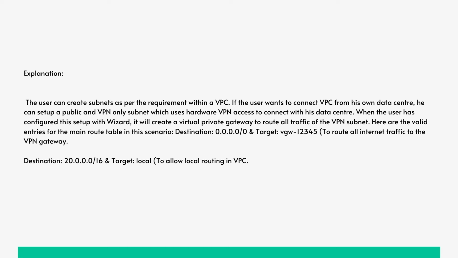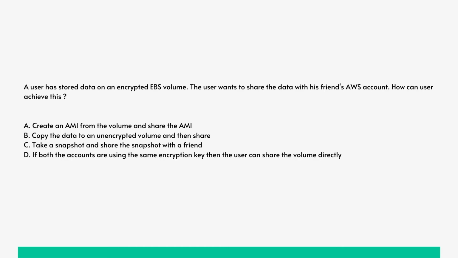Destination 20.0.0.0/16 and target local, to allow local routing in the VPC. Let's move to the next question.